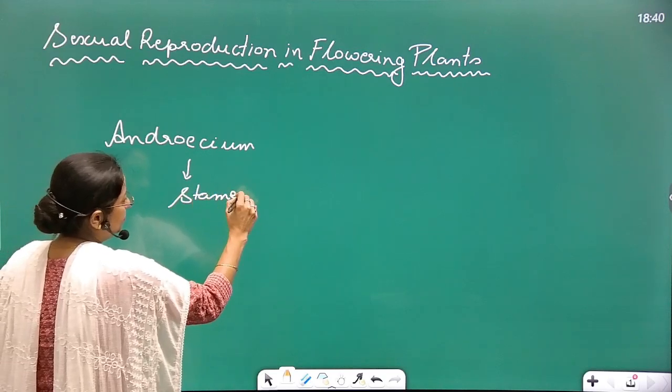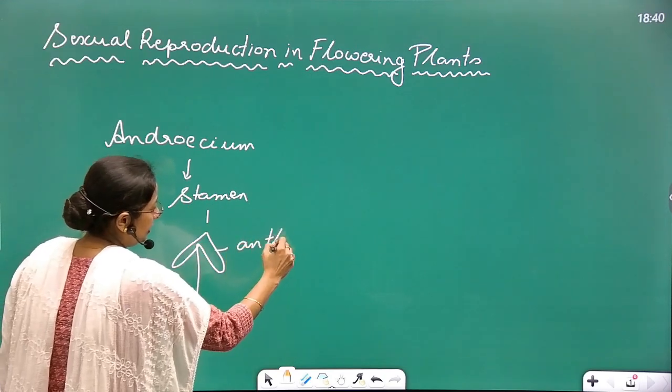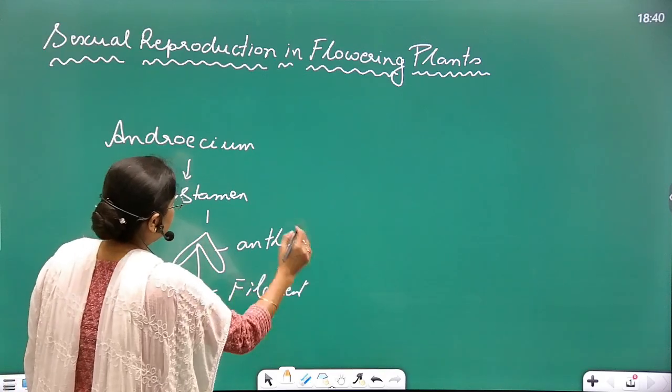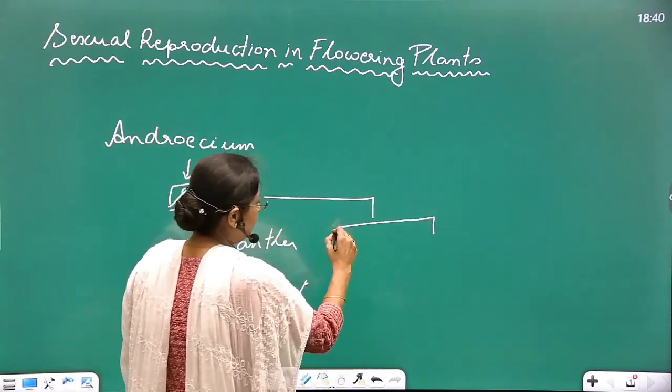And when we talk about stamen, we have anther and filament, and we have discussed 2 types.